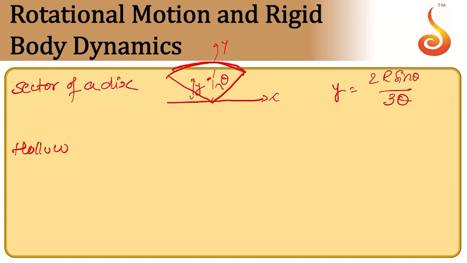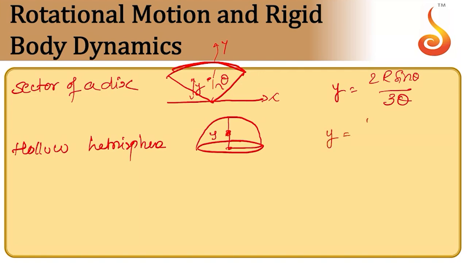A hollow hemisphere, assuming the center of mass to be at a height of y. Sorry, for a hollow hemisphere y is r by 2, where r is the radius.